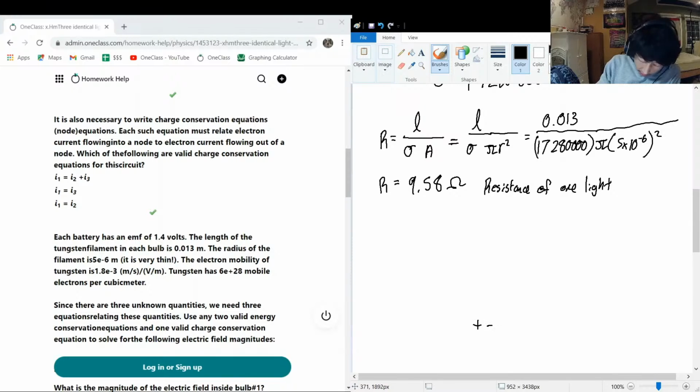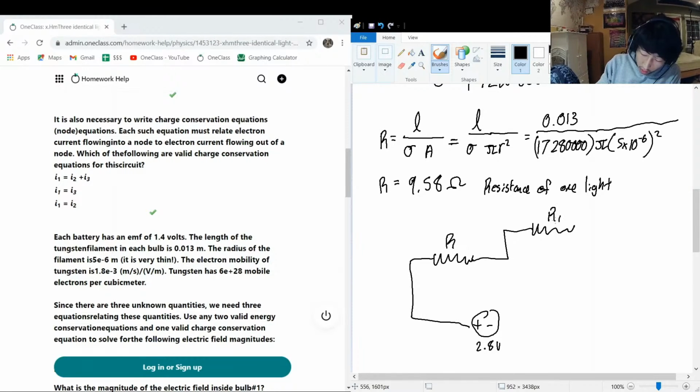So we have plus minus 2.8 volts. Oops, not R1, R. I know that all of them are 9.58 ohms.